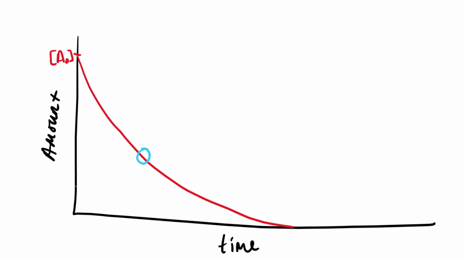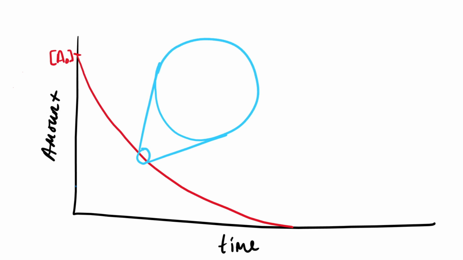If we could really zoom in close enough and take a small enough slice of time, concentration doesn't change a whole lot from one moment to the next, so neither does the reaction rate. So this is where we might start to build a mathematical model.